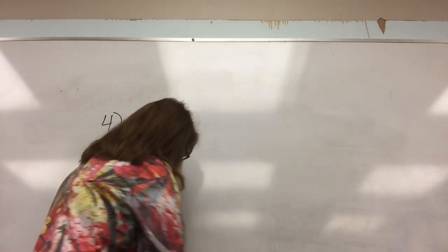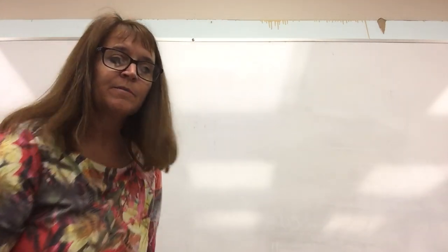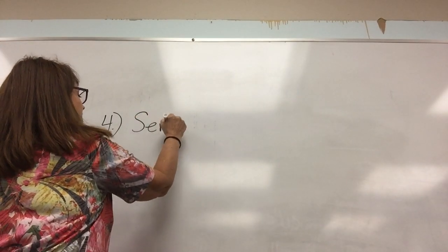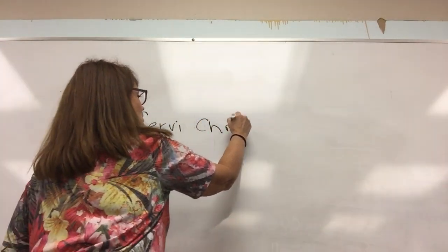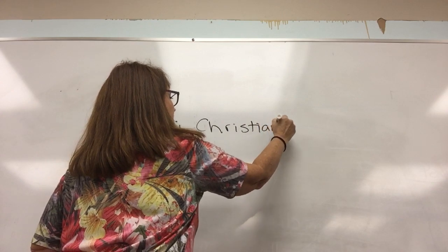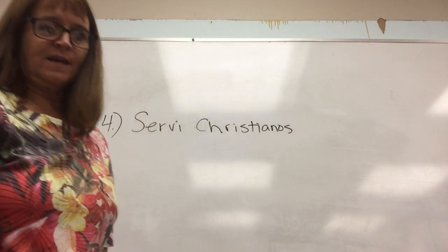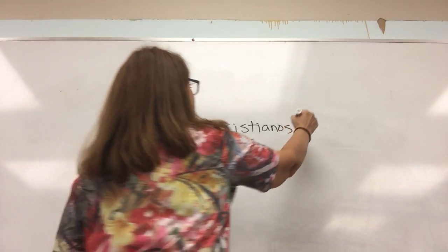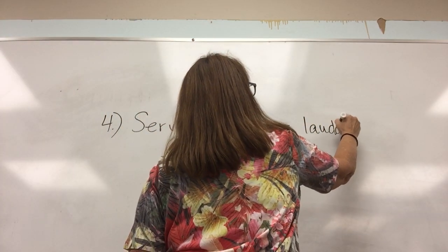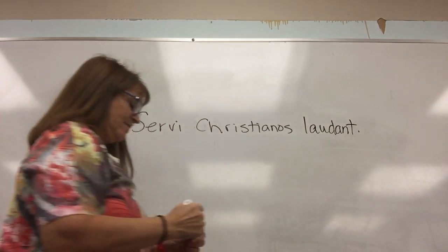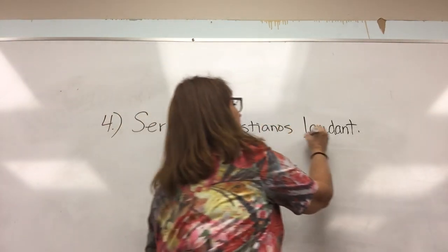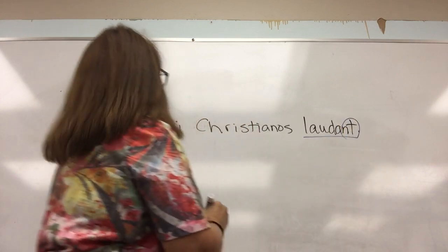Okay, let's go with number 6. I don't know what it is. Number 6 says, servi, Christianos. And are we praising again? We are. What a surprise. Laudant. Okay, so head into that verb, laudant, plural ending.